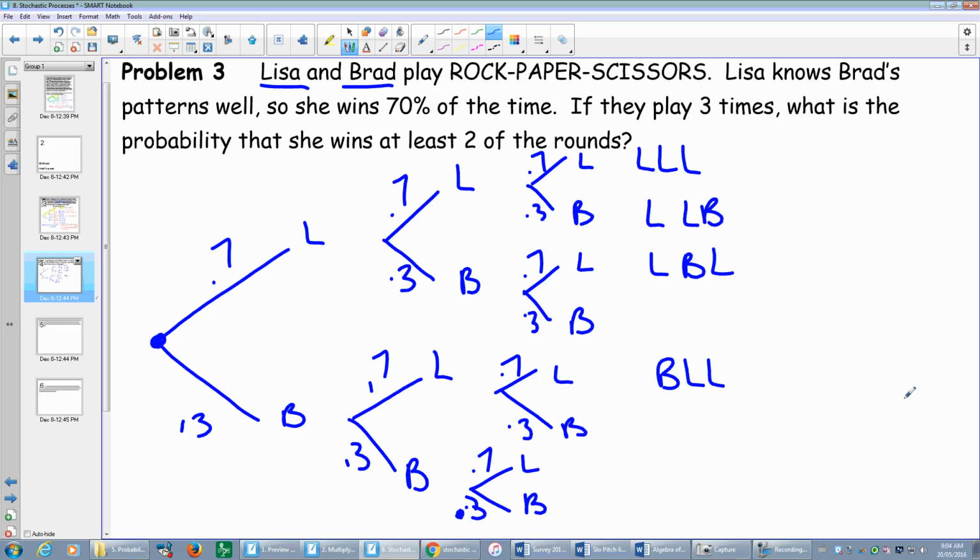David, can you tell me what is the probability of Lisa, Lisa, Lisa winning? Which gives me an answer of what? Good. 0.343. Dylan, what do I do for Lisa, Lisa, Brad here?